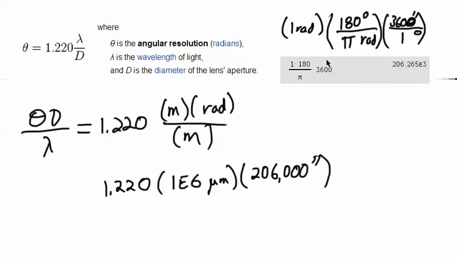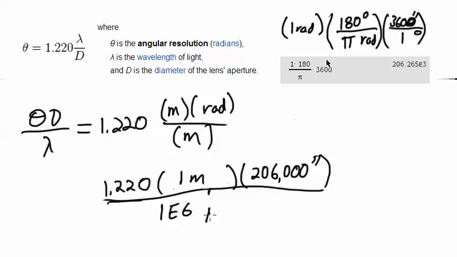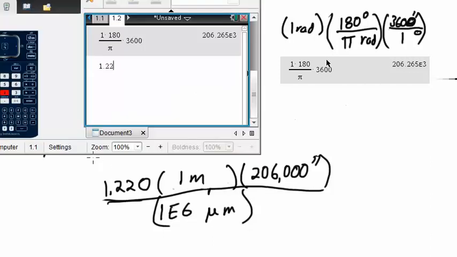And then we'll just divide, since we want lambda. Wait a second, diameter is in 1 meter, so I want to use 1 meter here. Be careful with the diameter. And then on the bottom I have a wavelength of 1e6 micrometers. Okay. New discovery.